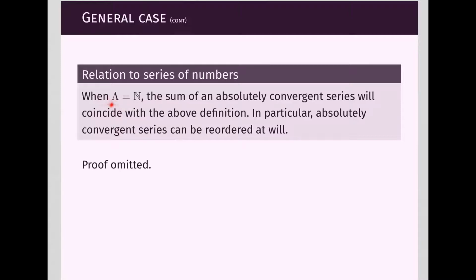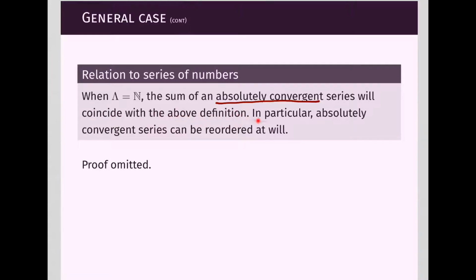index set is countable, then we can just suppose it's the set of natural numbers. And when we're summing a collection of numbers indexed by natural numbers, we can think of that collection as a sequence, and now we're talking about a series. And it turns out if that series is absolutely convergent, and that's important, then the summation will coincide with the definition we just gave.